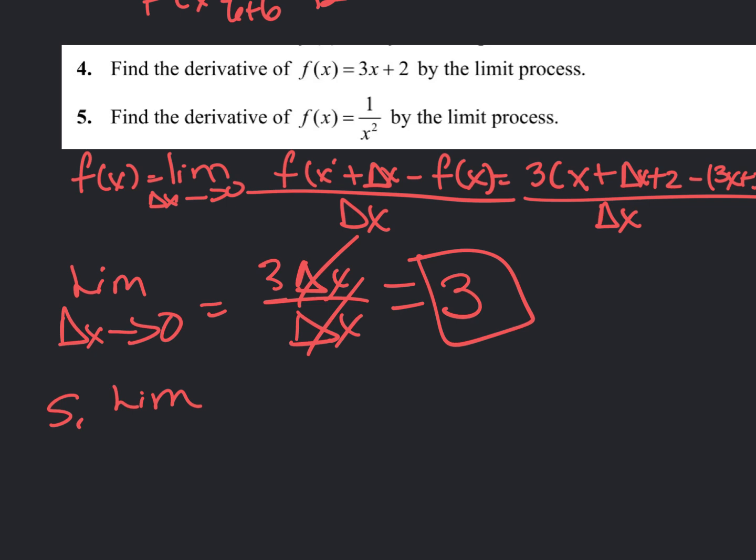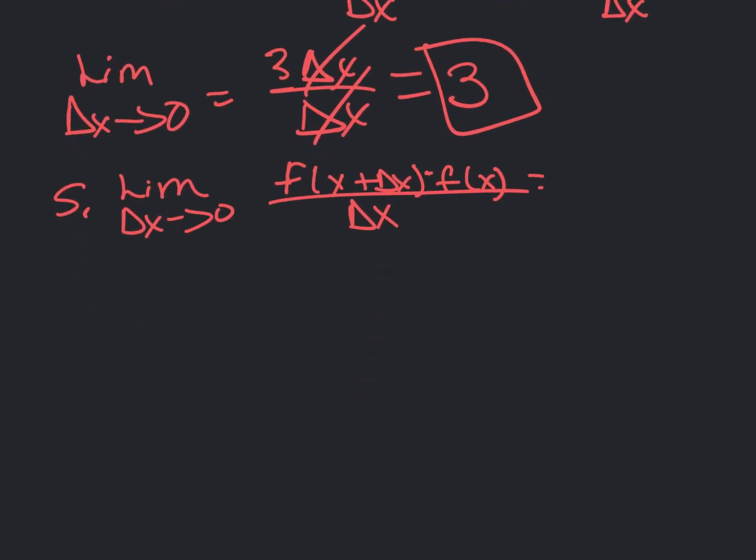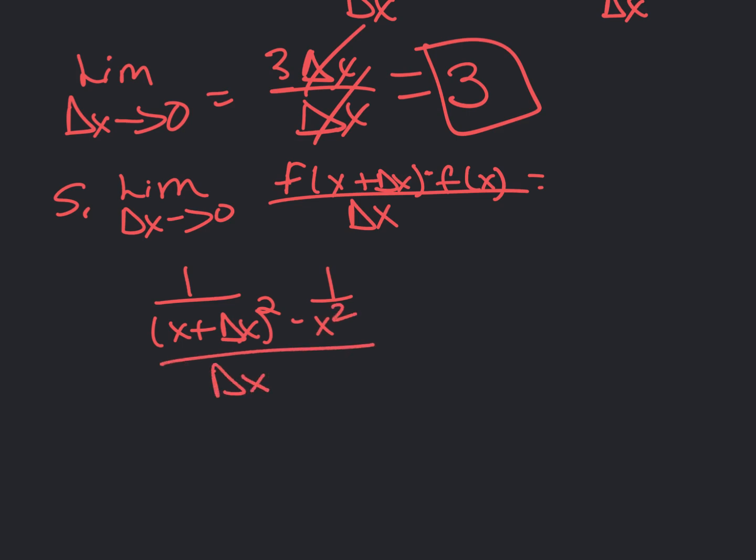We'll find the limit as delta x goes to 0. Distributing again, f of x plus delta x minus f of x, all over delta x, which equals 1 over x plus delta x squared minus 1 over x squared over delta x.